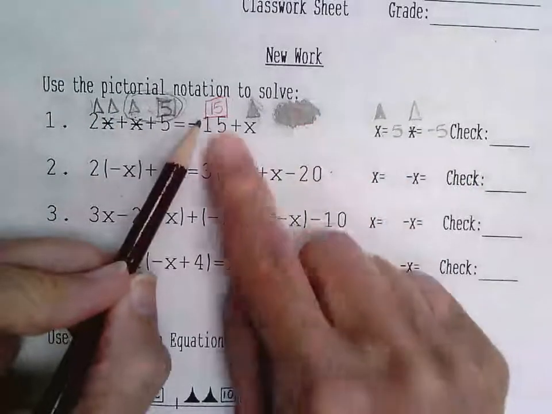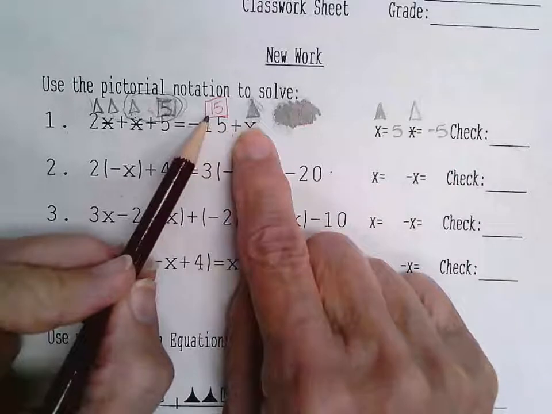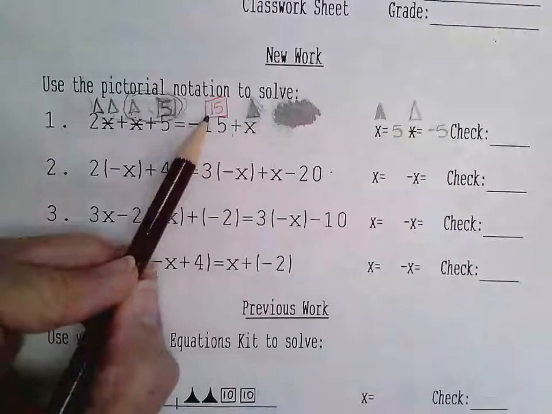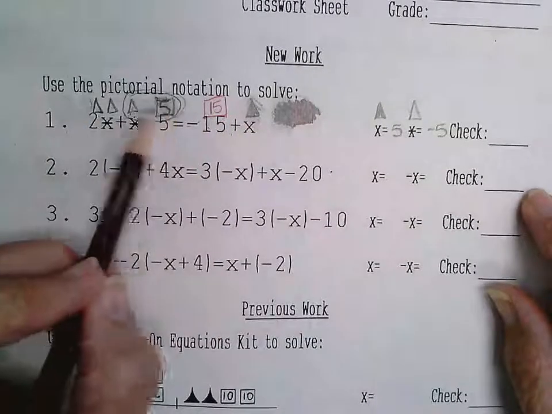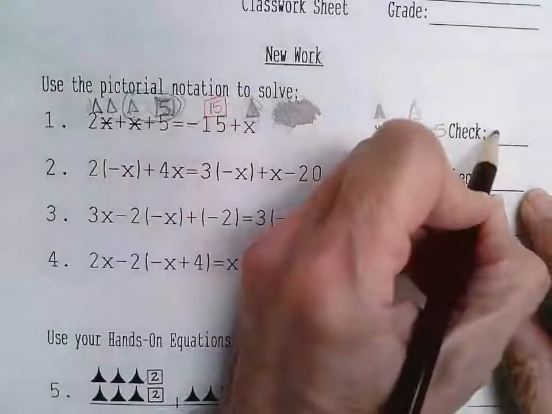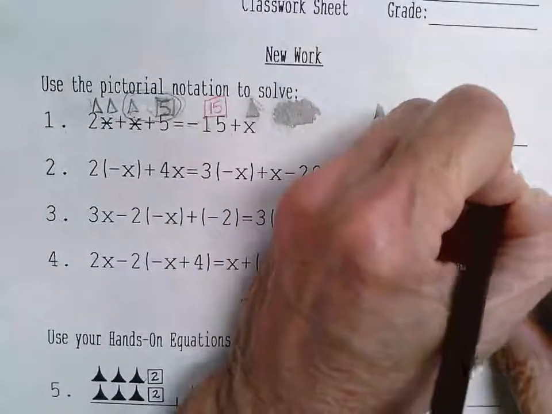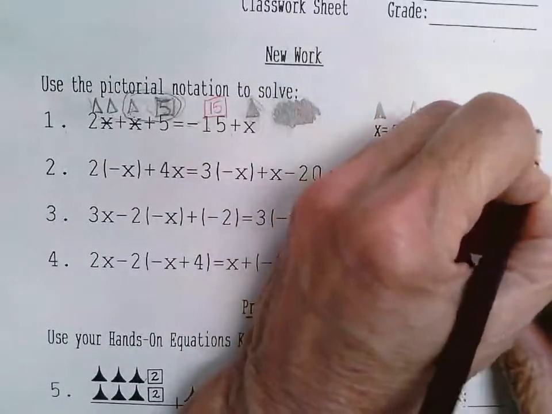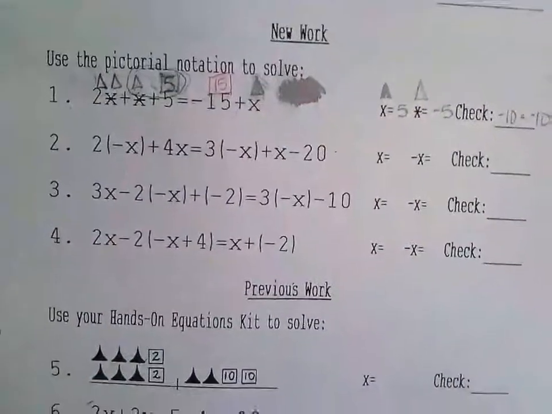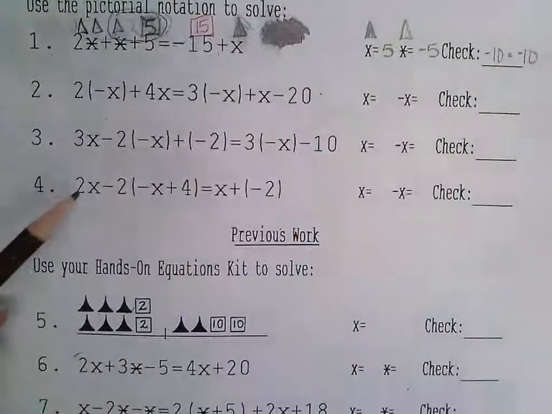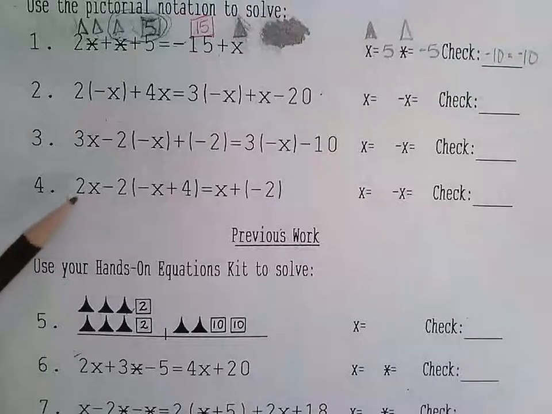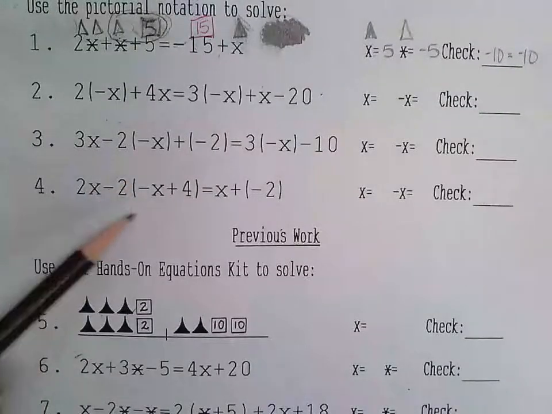And over here I have -15 plus 5, which is -10. So either way you want to do the math on this side, you still get a check of -10 equals -10. Okay, I'm going to come down and I'm going to do this number 4 because it has parentheses.